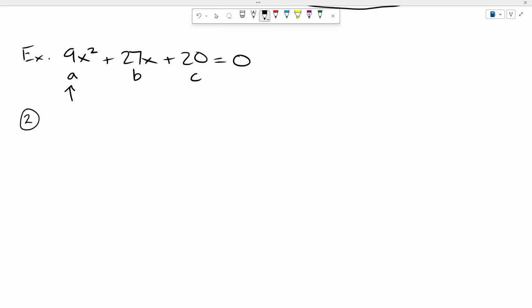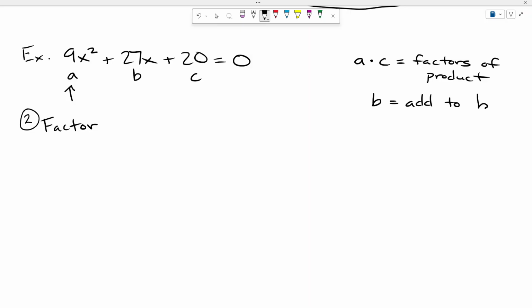If you want to remember a helpful hint for factoring, which we'll need to apply in this case, what you want to do is take A times C, okay, and then whatever the product is, we need factors of the product, and then they need to add to B, okay?